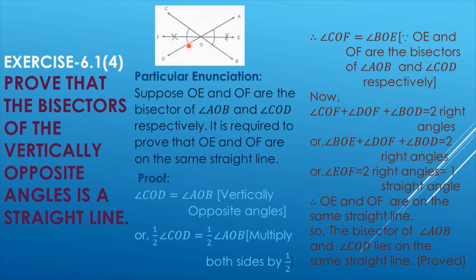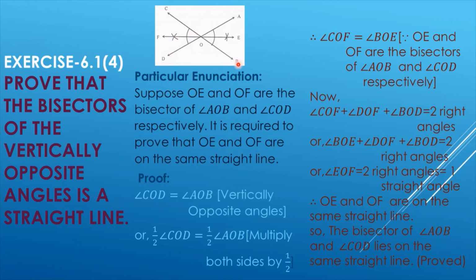Now you can see, my dear, these three angles are all the angles related to angle EOF, the straight line, or OE and OF rays. As you can see, the sum of these three angles is two right angles, that means one straight angle. So angle EOF, we can write as two right angles, because if we divide this angle EOF, we get the three angles, that is angle BOE and angle DOF and angle BOD.